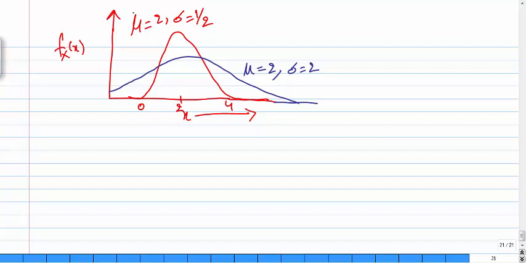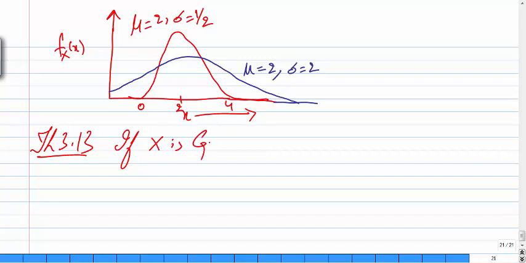Now there's a theorem that explains something important. The theorem is 3.13. It says that if X is Gaussian with mu and sigma, then Y equal to aX plus b is also Gaussian.